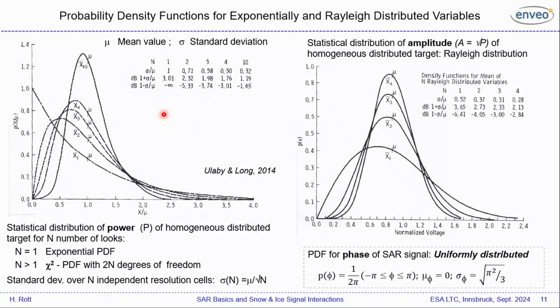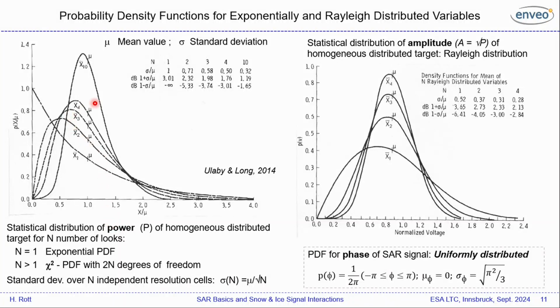Now, this ends up with these probability density functions, this so-called speckle. And we have on one hand a spatial statistical distribution of power. Remember the power, the sigma naught, the backscattering coefficient, is the ratio of received over transmitted power.